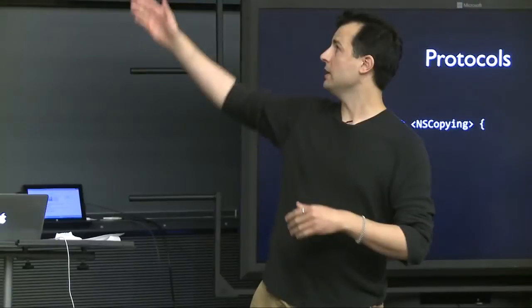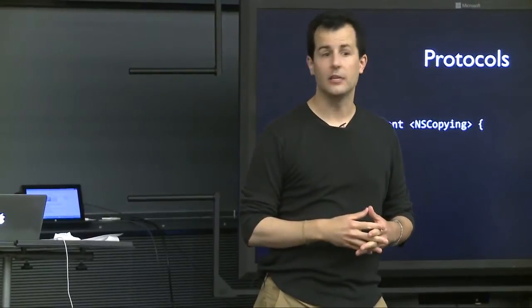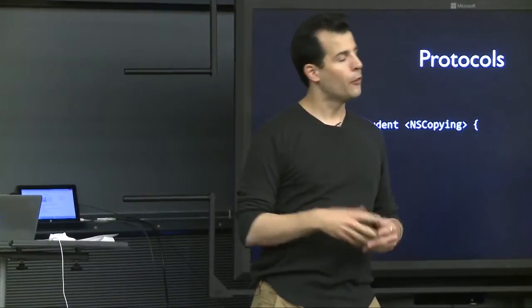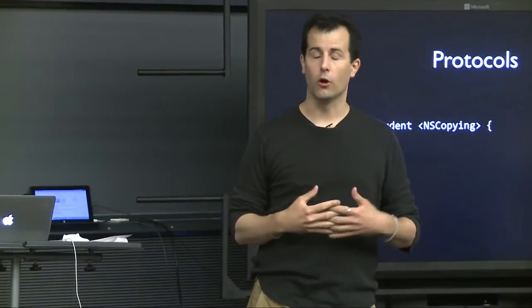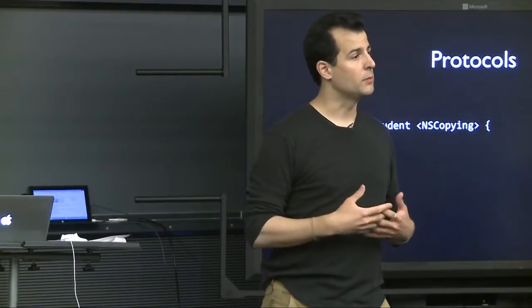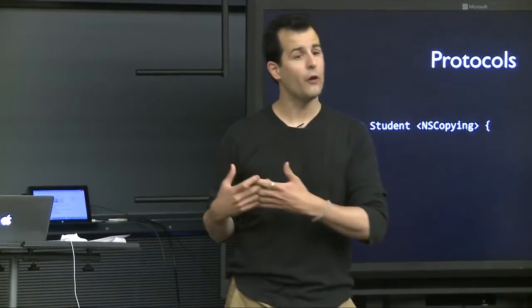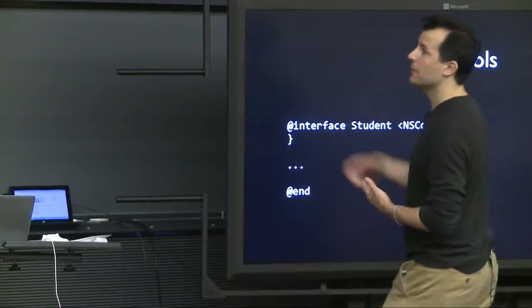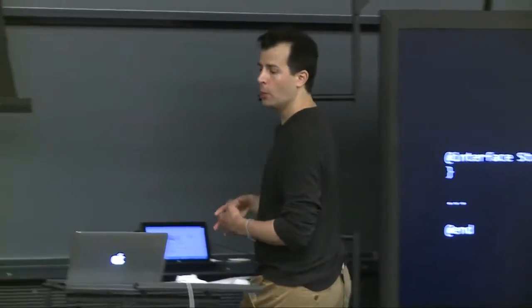And other languages have the same conventions. It is a set of methods that you, a class, promise to implement if you declare yourself as adhering to that protocol. And there are ways of specifying that the methods are optional, but by default, they would typically be required. And the compiler will yell at you if you say, I'm implementing the NSCopying protocol, but you, the programmer, forget to actually get around to implementing the required methods to make that possible.